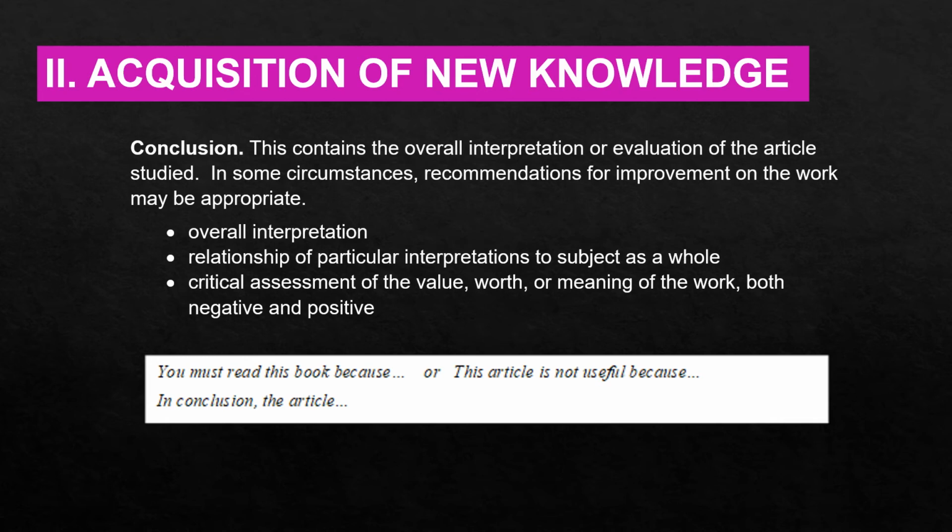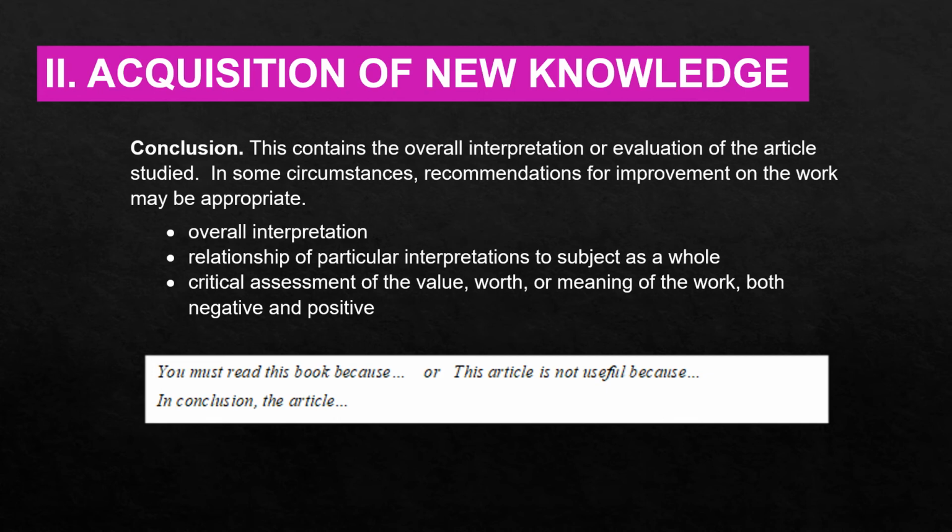For the conclusion part, this contains the overall interpretation or evaluation of the article studied. In some circumstances, recommendations for improvement on the work may be appropriate. This is the overall interpretation, or it can also include the relationship of particular interpretations to subject as a whole, critical assessment of the value, worth, or meaning of the work, or both negative and positive.